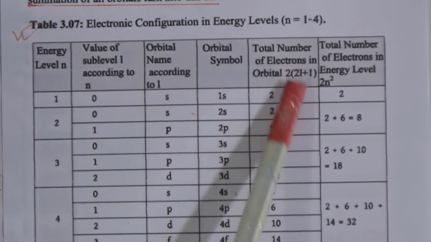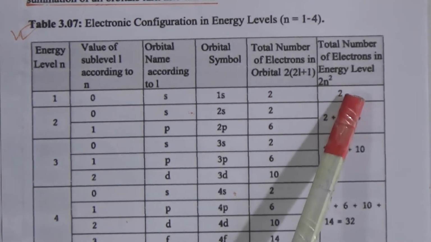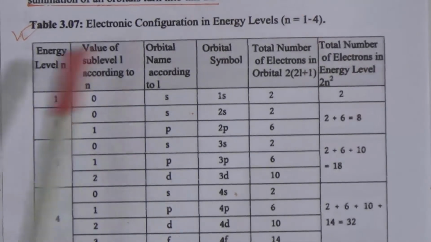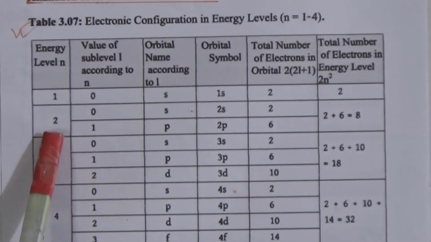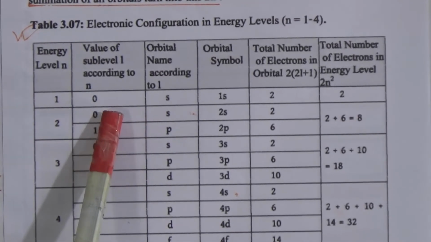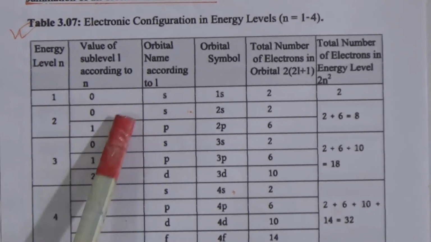Then the total number of electrons in the orbital is 2, and the total number of electrons in the energy level, 2n square, is 2. Now come to the second orbit. For second energy level n is 2. Then first one 0, we know in the second orbit there are 2 orbitals, 0 and 1.